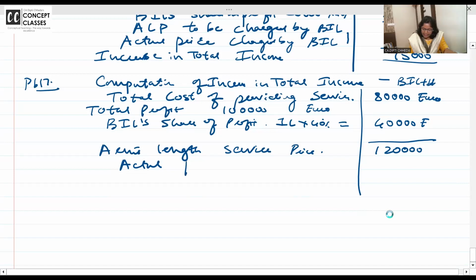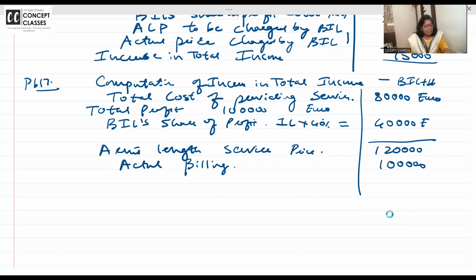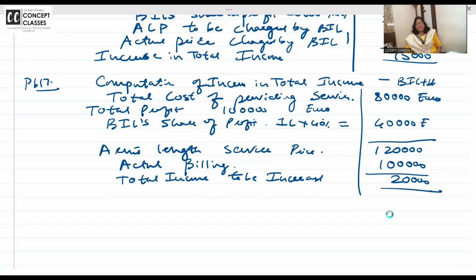But actual billing हमारी कितनी हुई है? 90,000 and 1 lakh. हम लोगों को 1 lakh ही मिला है. So total income to be increased because you have undershown your sales by 20,000. Last problem, I have divided the total sales just to discuss. यहाँ मैंने नहीं किया. Clear?